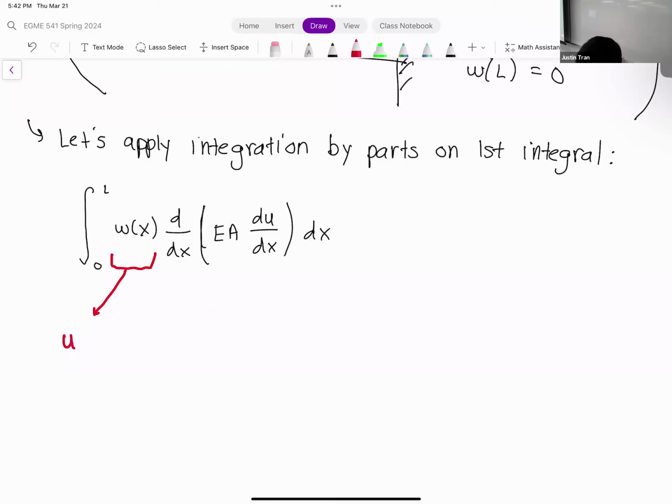Then we take the other portion of the integrand and define it as dv. So dv is equal to d/dx of EA du/dx.